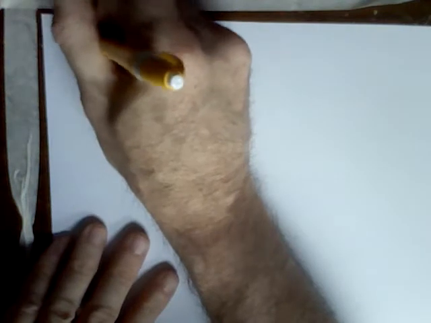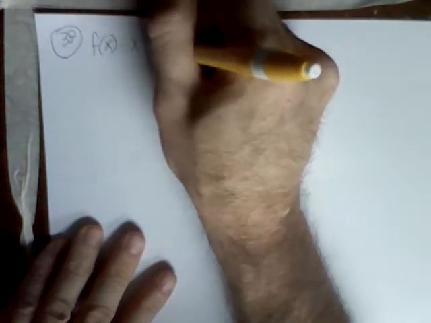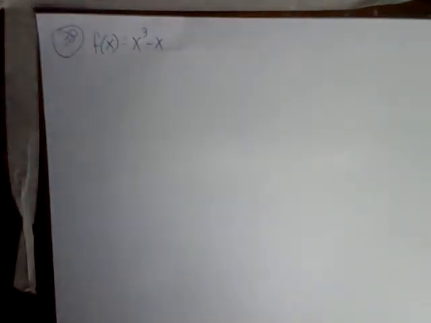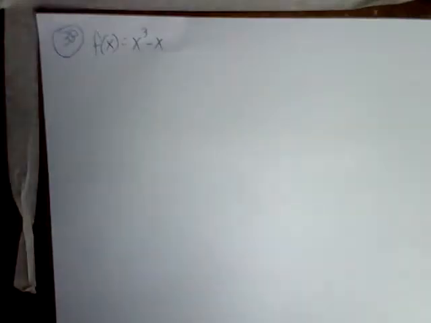Okay. Let's look at 38. I have f of x equaling x cubed minus x. Again, I need to go through all these symmetry tests and see what's going on.